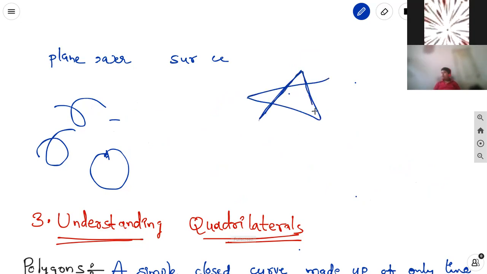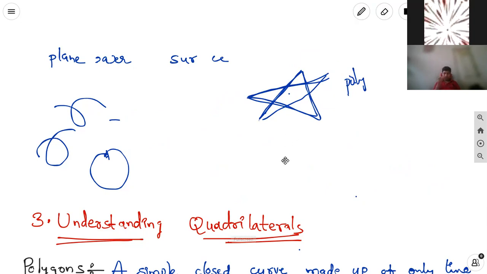This is one line, another line, another line, but it does not form a closed curve, so it is not a polygon. If the end points coincide, then it's a polygon.